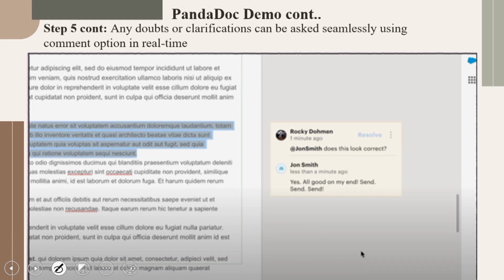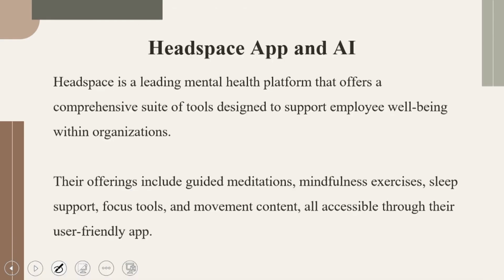Now, moving further to yet another important and interesting platform, which is the Headspace app. Headspace app and AI is also interesting because it's a leading mental health platform that offers a comprehensive suite of tools designed to support employee well-being within organizations. So if you ask me what they offer, they offer guided meditations, they offer mindfulness exercises.